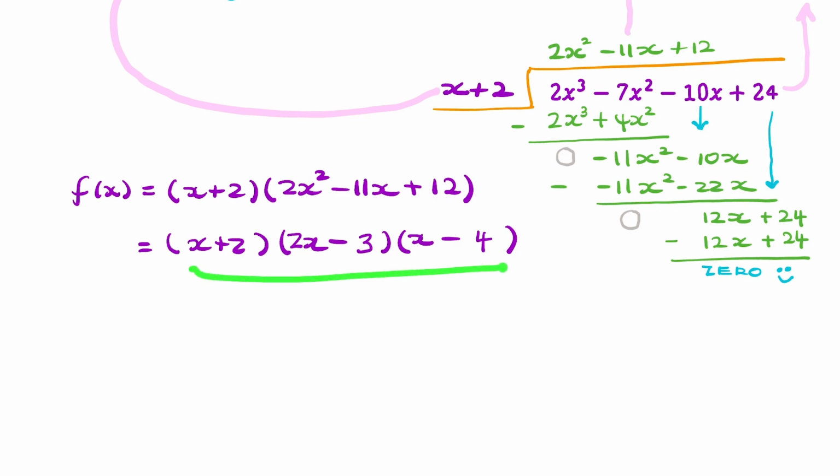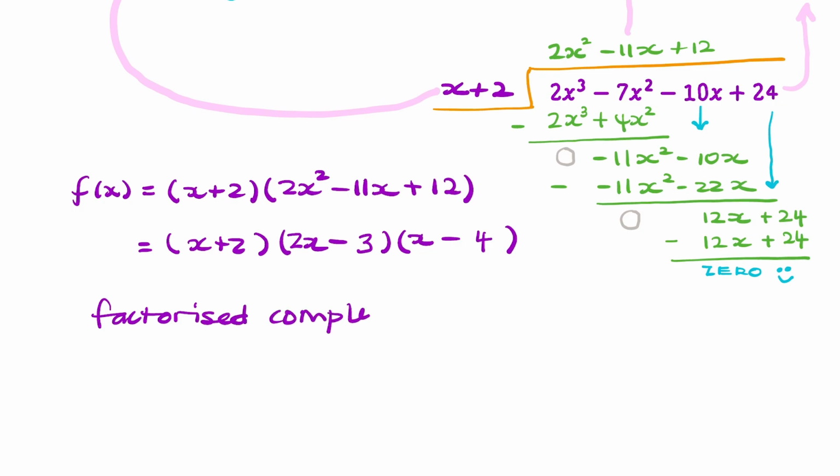So now this is 3 linear terms, 1, 2, 3. I can't factorize it any further, so now it's been factorized completely. So that's all you would need for the full mark. So there's quite a lot of work. You need to do some polynomial division and factorization.